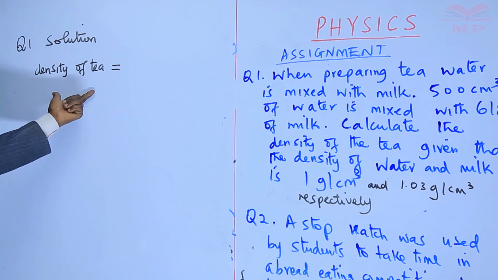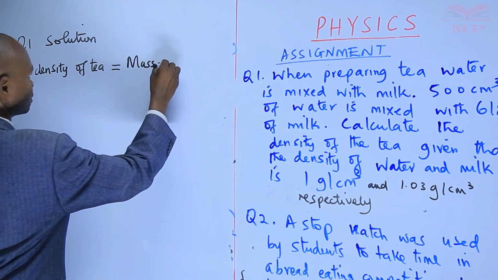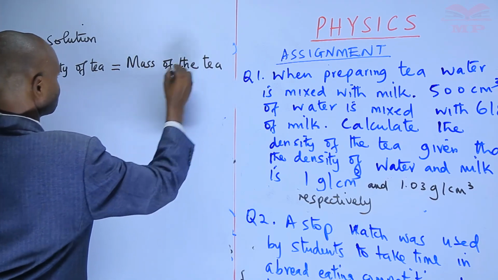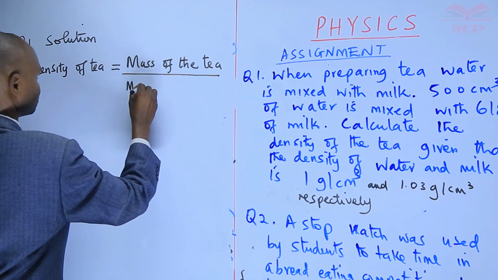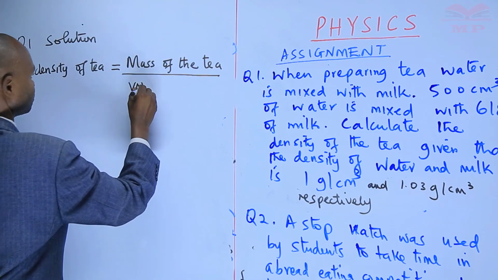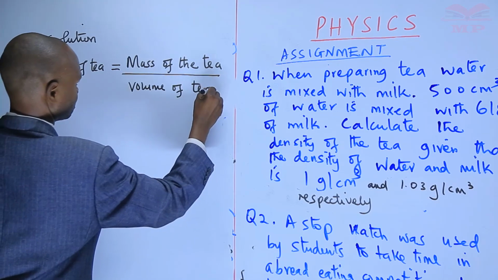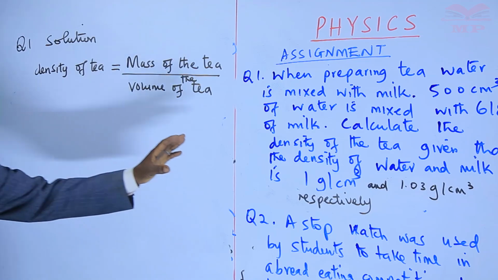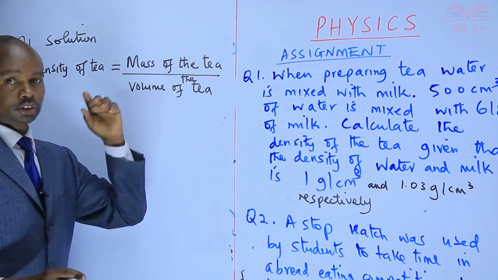The density of the tea will be given by the mass of the tea divided by the volume of the tea. Now there are two components in the tea. We have water and milk. So you should get the total mass.